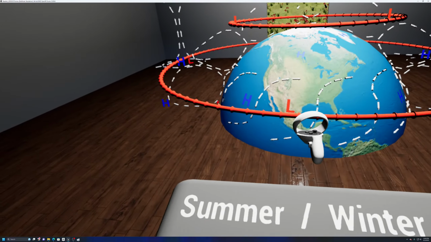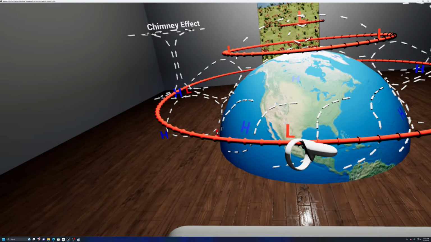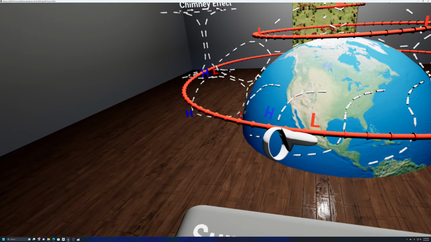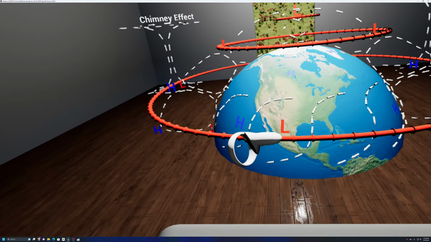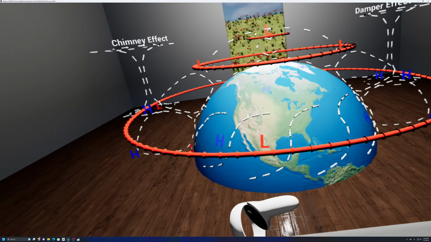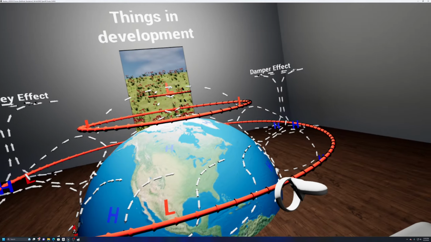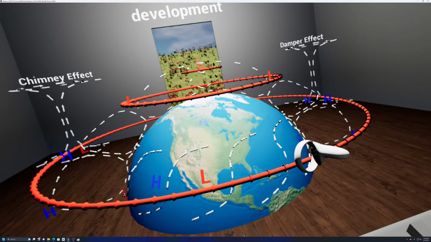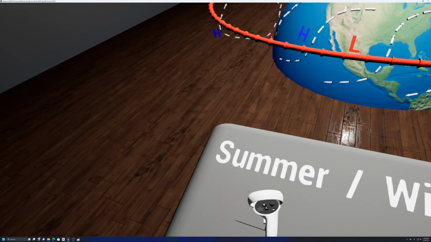Right now it's summer, so that North American low is really strong because of lots of heat, and we've got the Pacific high that's off the coast of Baja California, and then the Bermuda Azores high that's over there in the Atlantic.